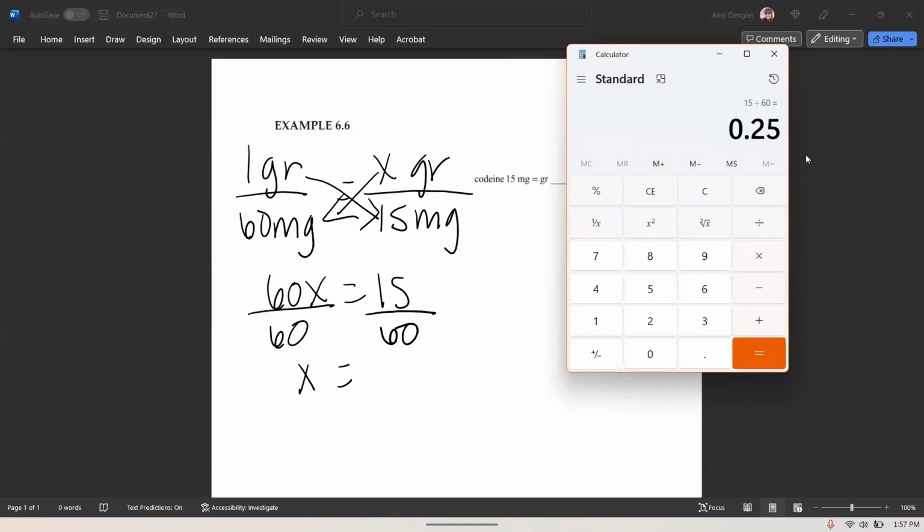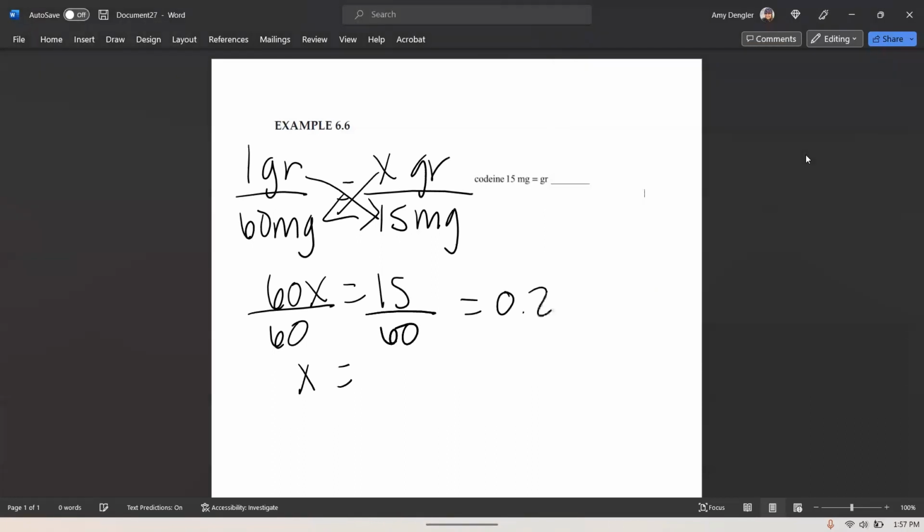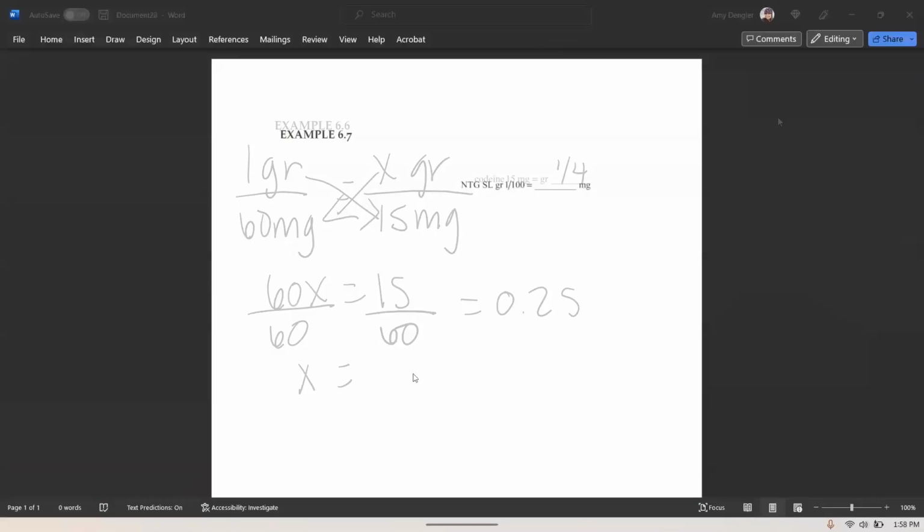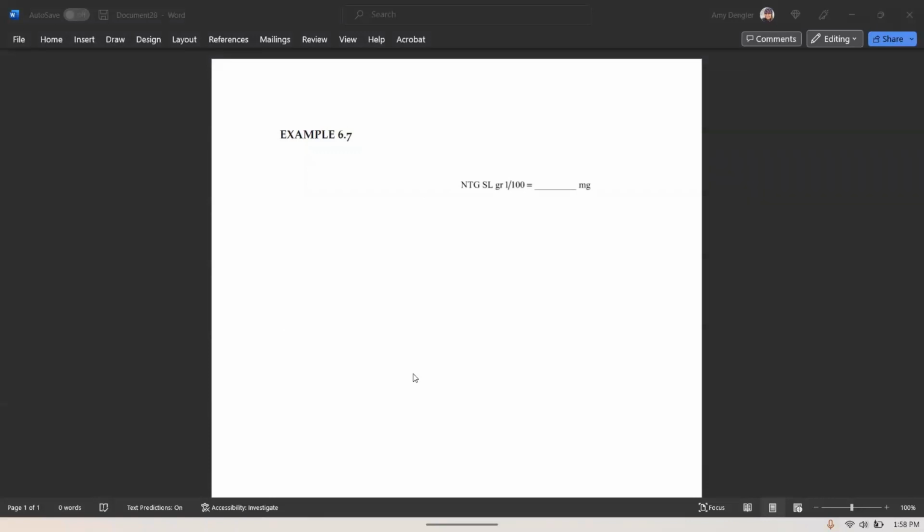And we get 0.25. But remember, this is the apothecary system, so we need to have our answer in fraction form. So hopefully you know that this is 1/4. If not, you can do a long division problem. So that would be the answer to 6.6.